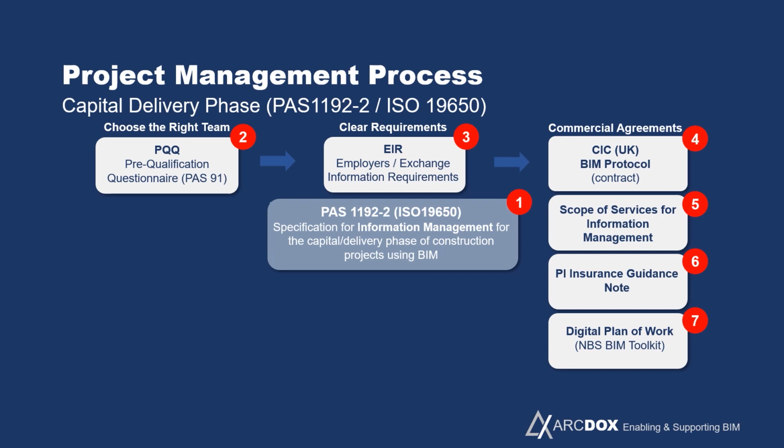And that's not new, because the lead designer always had a function to coordinate design information, and the main contractor always had a function to coordinate construction information. But you're just formalizing that in a specific role related to information management, and that appointment of that role needs to take place. There's some PI insurance issues to deal with.